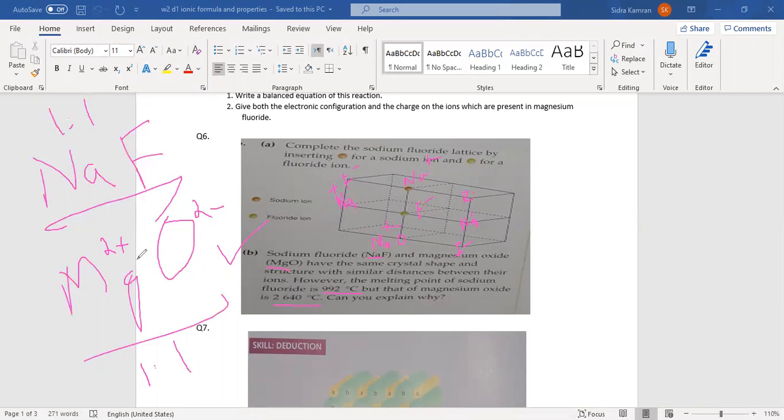So by the transfer of 2 electrons, there is very strong bonding in magnesium oxide. In sodium fluoride, there is a transfer of 1 electron from the sodium and gain of 1 electron by the fluoride ion. So they have weaker bonding compared to magnesium oxide. That's why sodium fluoride has a lower melting point and magnesium oxide has a high melting point. You need high energy to melt the magnesium oxide.